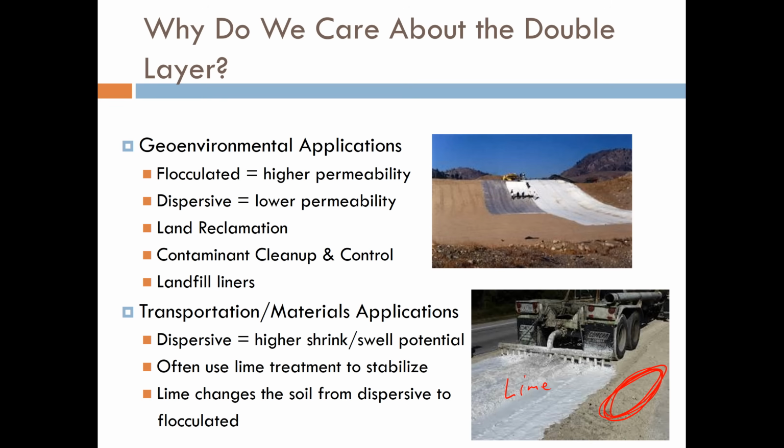And so you may have seen this. We do this sometimes here in Utah, but it's a lot more common in other parts of the country where we want to stabilize these active soils for the purpose of pavement design. If you take a pavement design class from Dr. Guthrie, he'll talk a lot more about this.